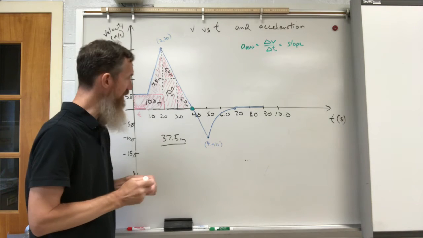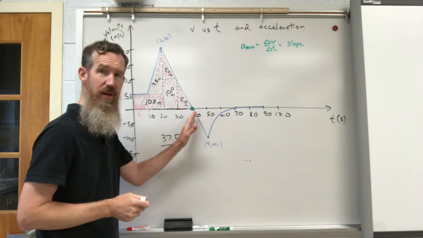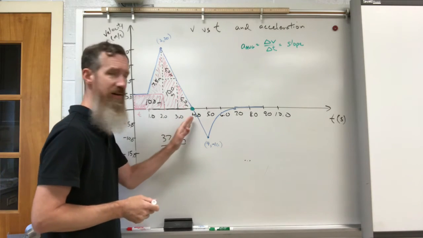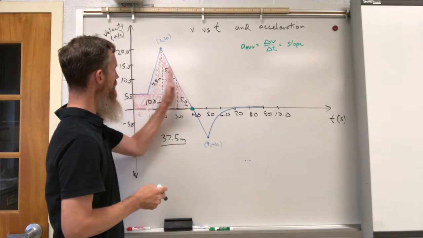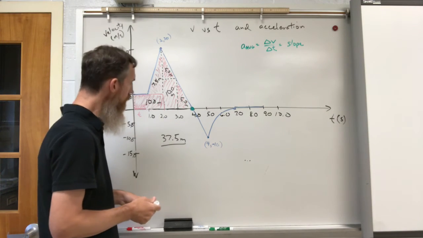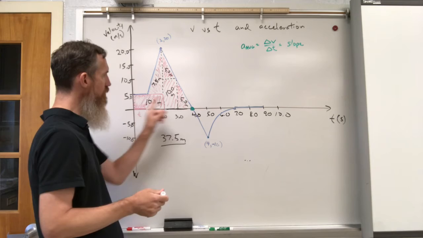Now, the problem doesn't have to ask you nicely from 0 to 4. The problem could ask you something like, how far did you go from 2 to 4? And then you just take these areas and you wouldn't include these areas. Or the problem could say, well, what about from 0 to 5 seconds?